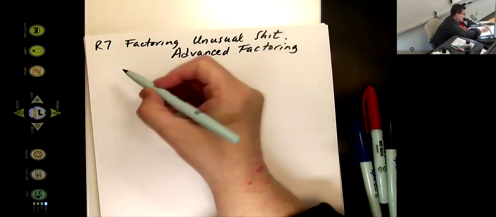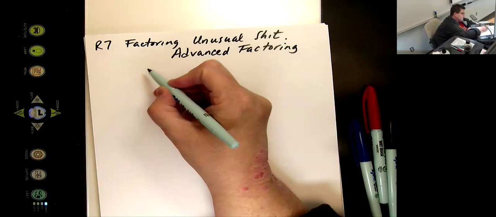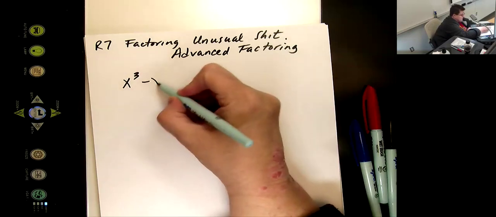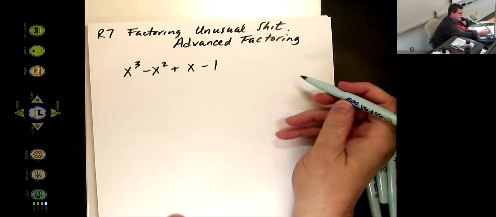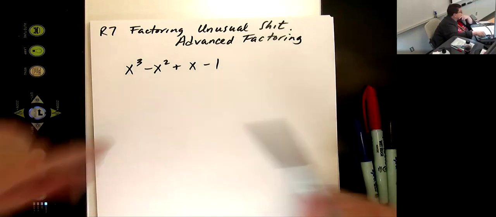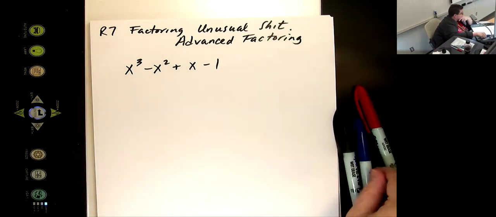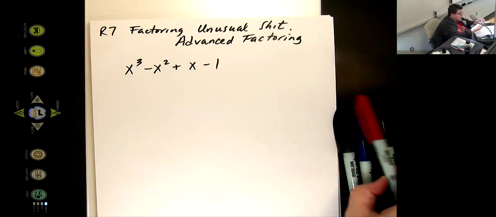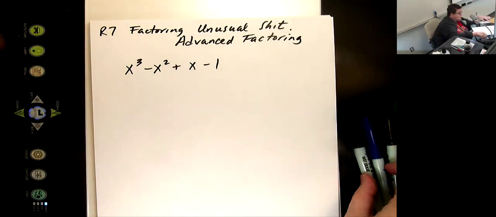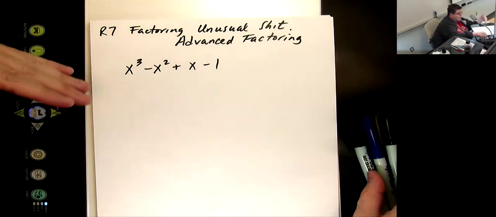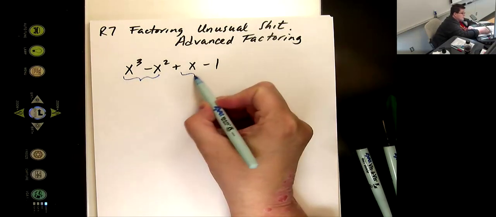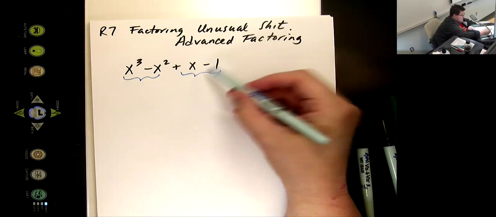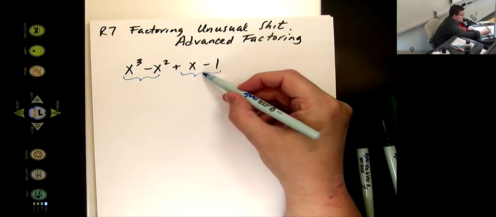Alright, so let's factor this. X is common. There's 4 terms. When we were factoring 4 terms, we had to do it by grouping. So we're gonna group up these 2 and these 2. This one doesn't have anything in common, but maybe when we factor this one, we'll see it.